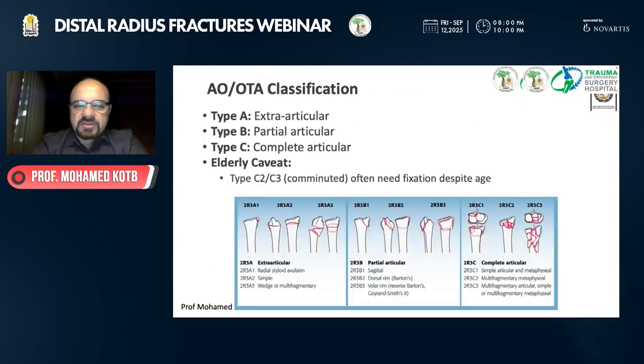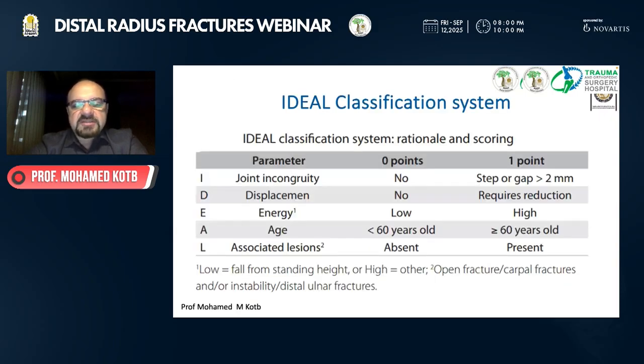So the most commonly and widely used is the AO, which classifies the fracture into type A, which is extra-articular. Type B is partial articular. Type C is complete articular. And there is another, more recently applied classification, which is called IDEAL.